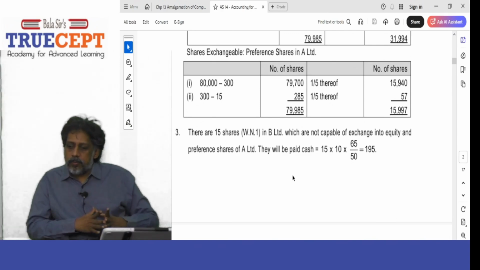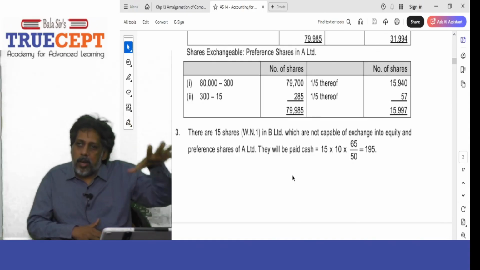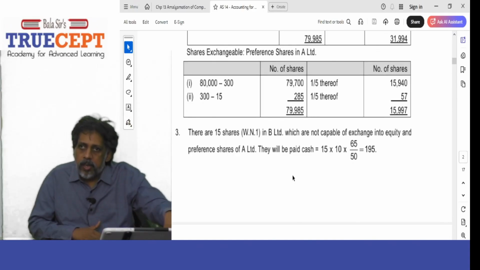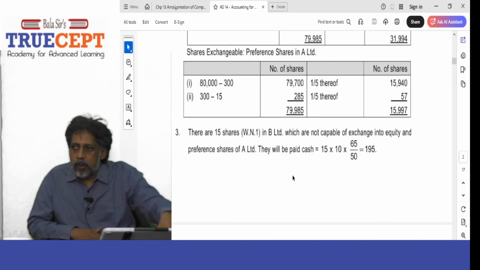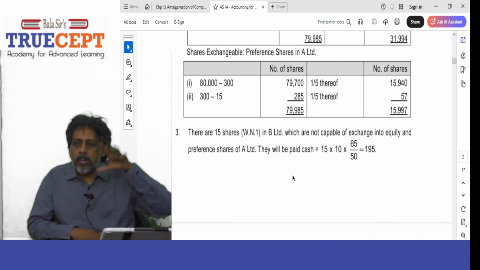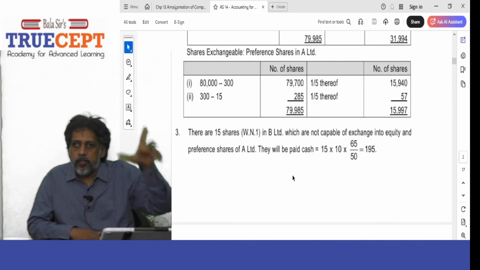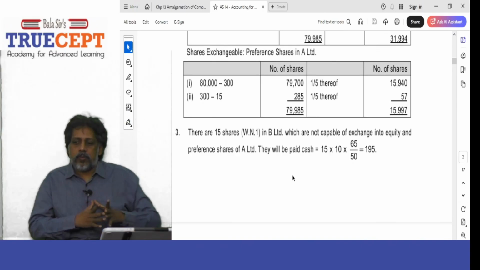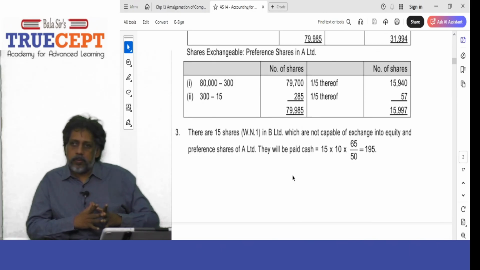You can do that. No problem. Or for 50 rupees paid-up value, which is 5 shares at rupees 10, I am offering 65 rupees in cash. How much should I offer for 150 rupees? That is 15 shares at 10 rupees face value. So 195 rupees in cash.